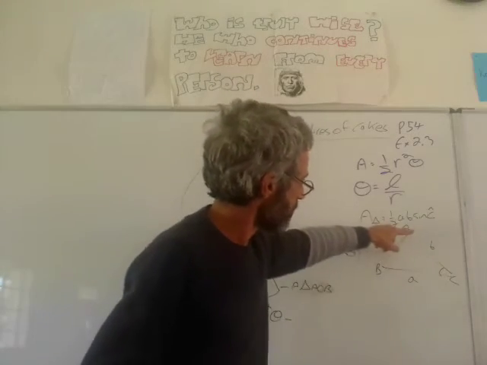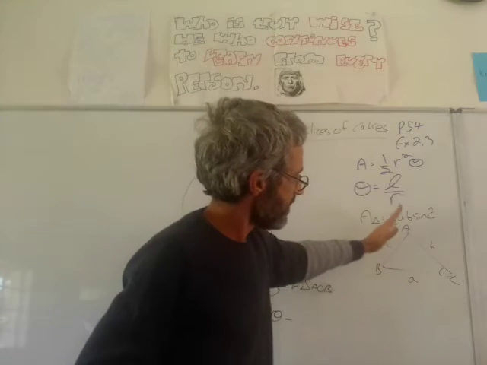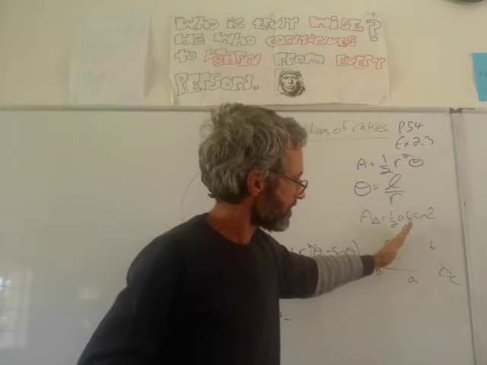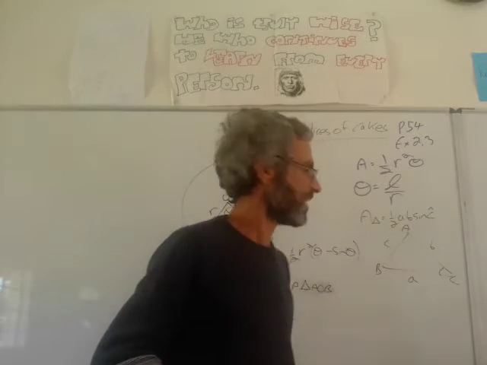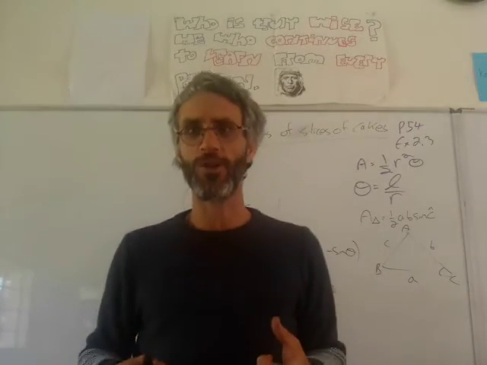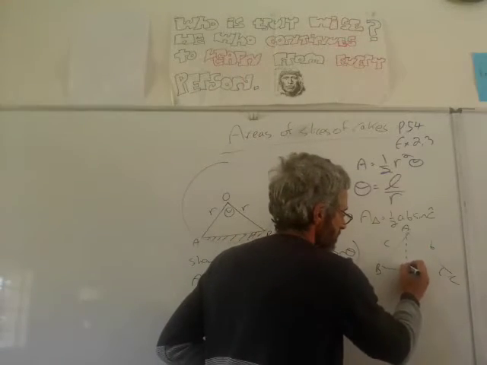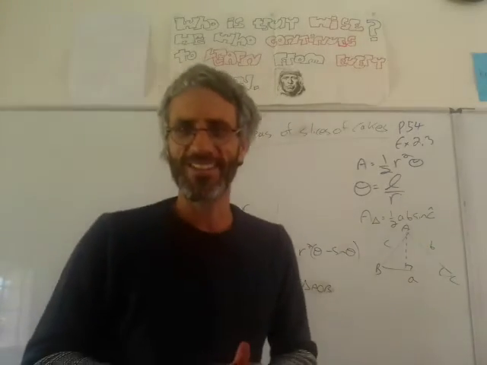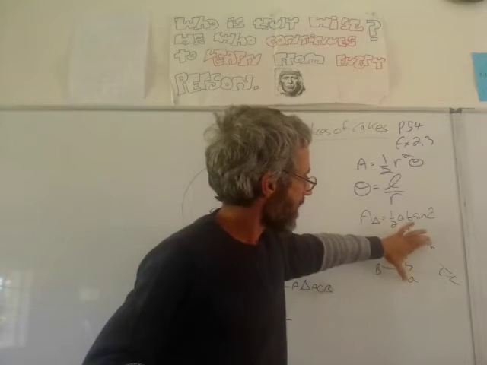If you've got a triangle ABC, and little c is the length of the side opposite C, little a is the side opposite A, and little b is the side opposite B, there's a way of calculating the area of this triangle without finding the perpendicular line. What you've got to do is take 2 sides, let's say a and b.